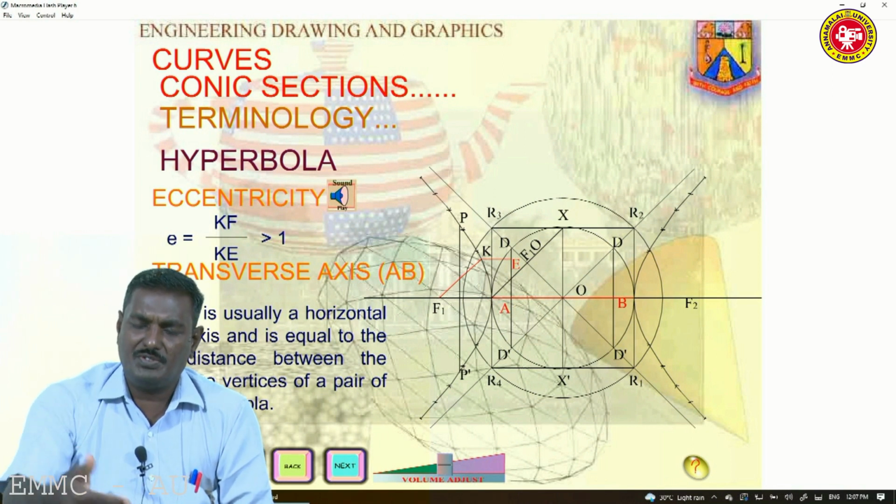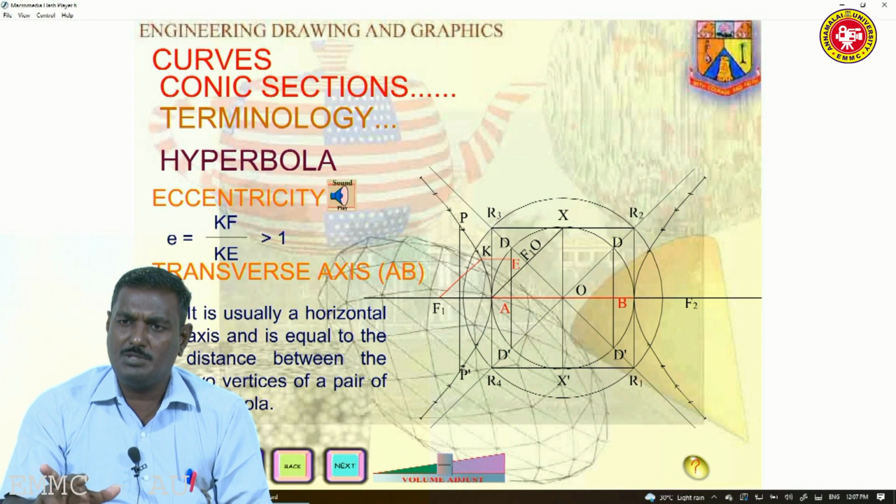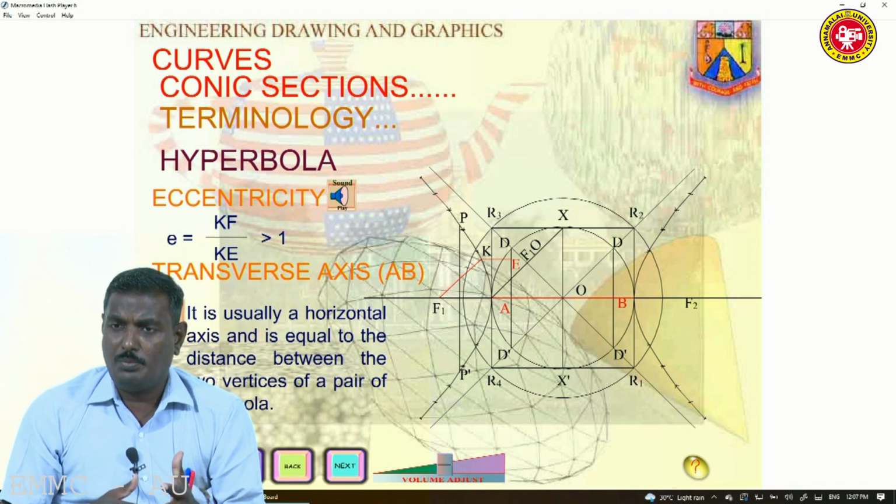Then the transverse axis, which is the distance between the two vertices. The hyperbola has branch curves, that is two curves, left side and right side, but we can produce any one side, that is enough.